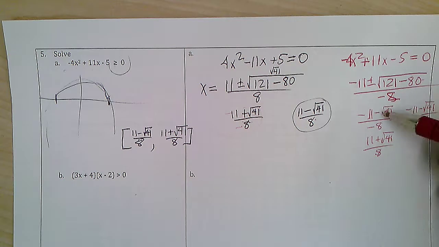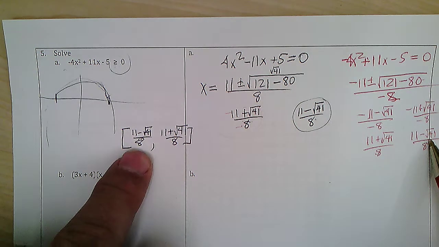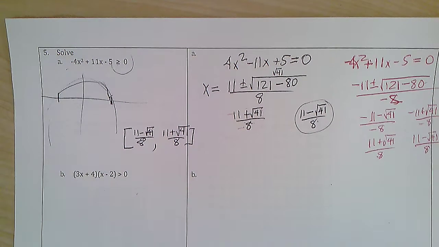One would be minus, one would be plus. And if you multiply by a negative on the top and bottom, we get 11 minus the square root of 41 over positive 8. This is the smaller, this is the larger. Smaller, larger. So that's where people got messed up, that minus.